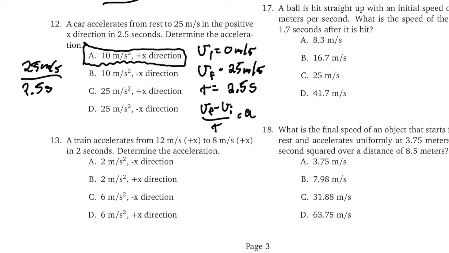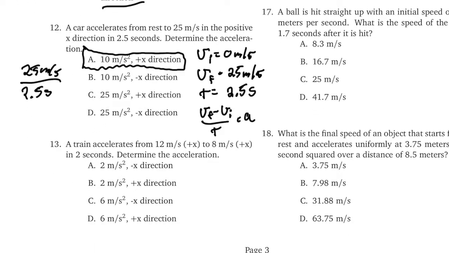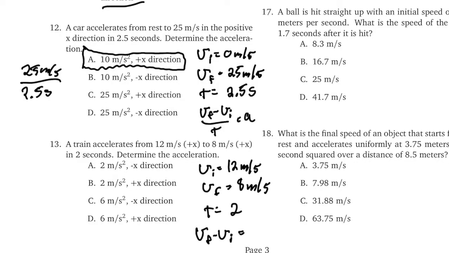All right, 13, similar, except now we're told V initial is 12 meters per second. V final is 8 meters per second. And T is 2 seconds. Now when I find the change in velocity, final minus initial, I get negative 4 meters per second.